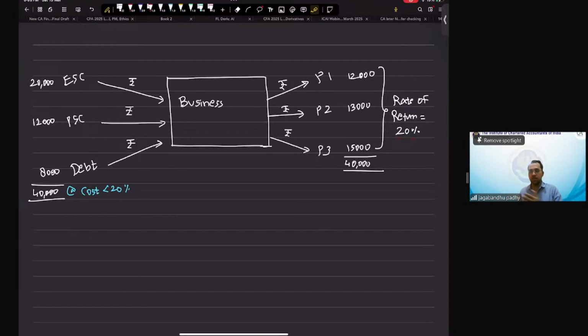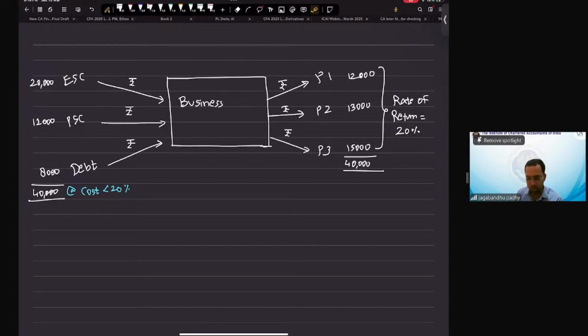Two aspects of business: one is investment, another is raising of funds. So here in this chapter, we are going to learn how to measure this cost. And second is how to measure the rate of return on the investment. That will be done in the chapter of investments. Right now, let us focus on how to measure the cost of capital.